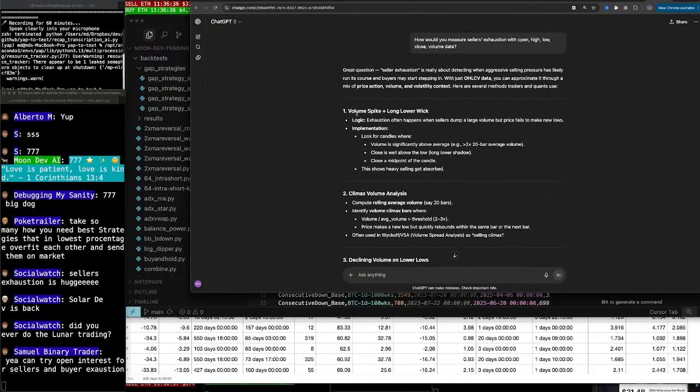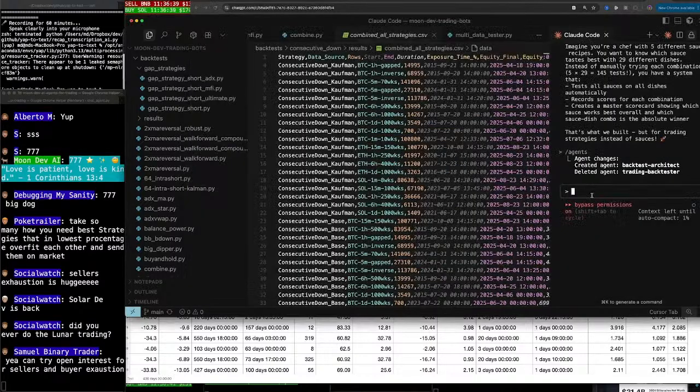Above is a bunch of ideas. We'll call this seller's exhaustion for the folder of backtests we want to build. Use the backtest architect to execute all this.